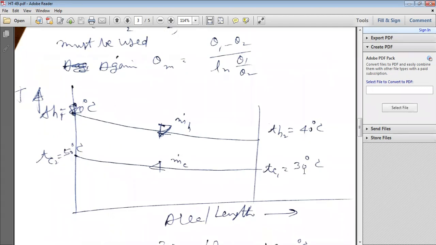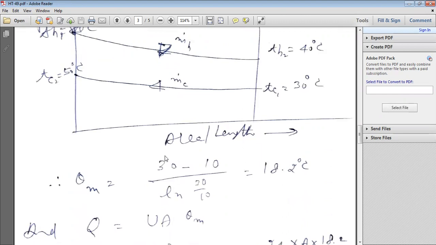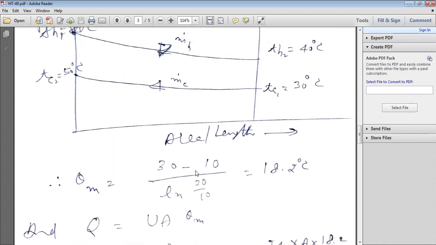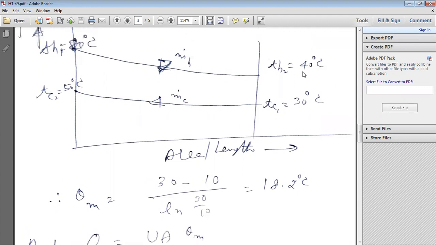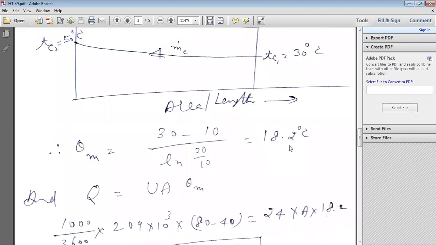Theta 2 is 40 minus 30, that is 10. So the log mean temperature difference LMTD is equal to theta 1 minus theta 2 by ln theta 1 by theta 2, that is 30 minus 10 divided by the natural logarithm of 30 by 10. That is equal to 18.2 degrees centigrade.